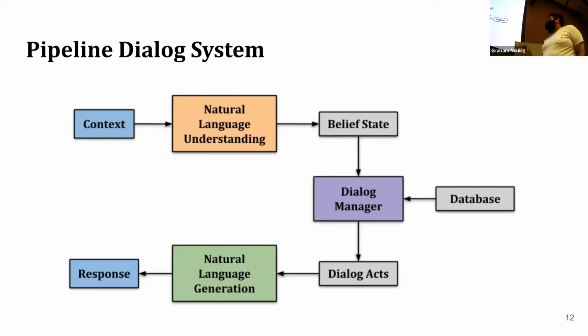This dialogue manager interacts with the belief state, interacts with external databases, and determines, according to the dialogue policy, what is the appropriate system action. And then once that system action, the dialogue acts, are generated, that's passed to a natural language generation module, which honestly in these kinds of systems is often just a template-driven thing. And the natural language generation then produces a natural language response conditioned on the dialogue acts and any other information.